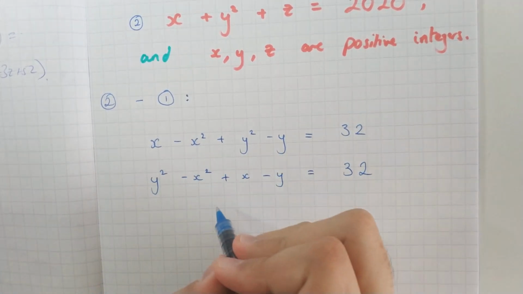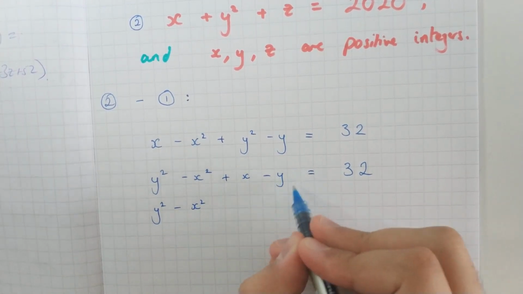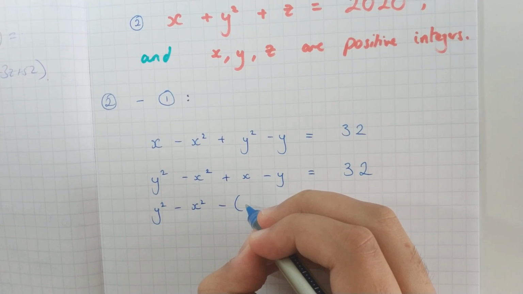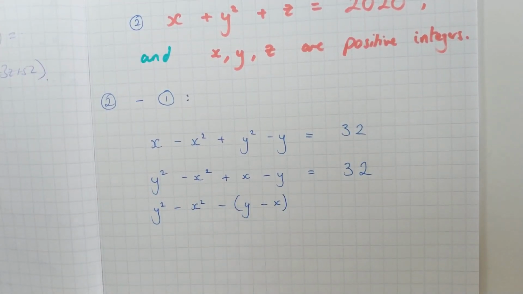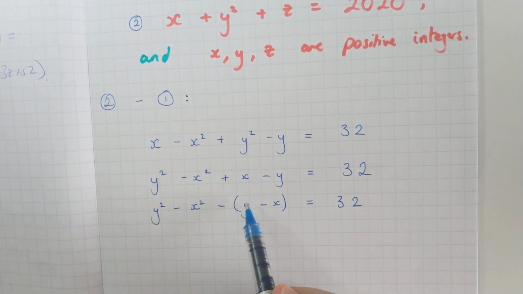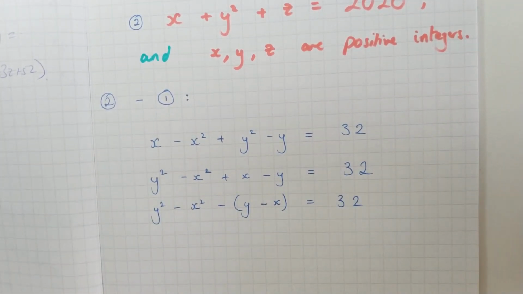So let's do that. If I write this bit here as this thing here, you'll see why that's going to be helpful in just a second. And you can of course see why that's true, because that's going to be minus y, that's going to be plus x, so of course these two lines are exactly the same.